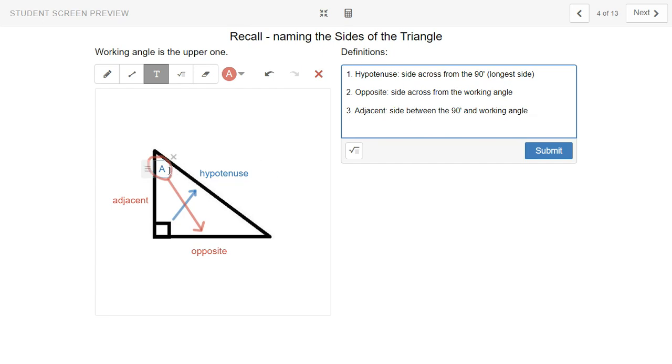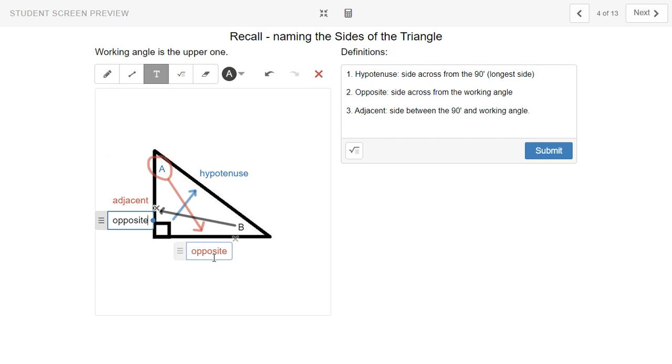Now, if our working angle was not here and our working angle was down here, so let's talk about angle B. If we're talking about angle B, then the side across from angle B would be here, and this would be called our opposite.